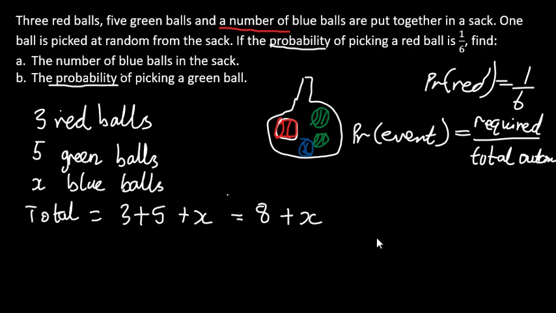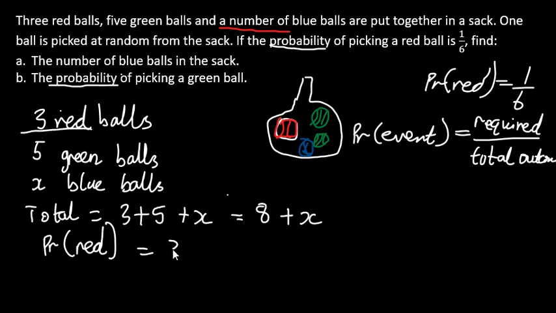Let me repeat this. The probability of picking a red ball, according to the formula we just brought out, is: how many red balls do we have? We have 3 red balls.